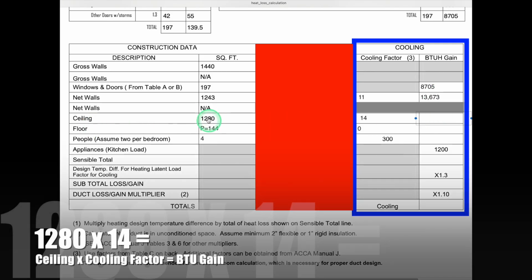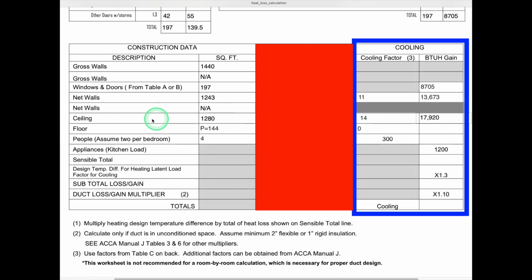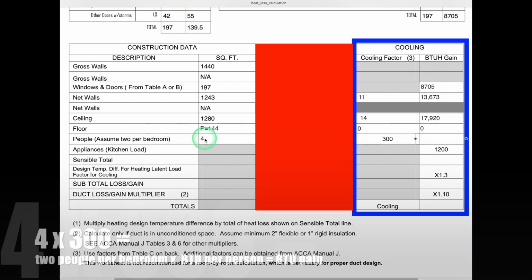For our ceiling, we're going to calculate 1,280 square feet times 14. 1,280 square feet times 14 equals 17,920 BTUs that we're gaining from the ceiling. And the floors, we're not gaining anything, so we'll go ahead and put a 0 because it would be 1,280 times 0, it's 0.